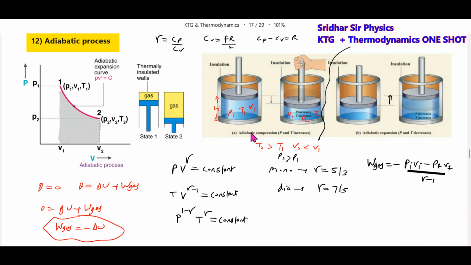In adiabatic compression, work done by the gas is negative, delta U positive. In adiabatic expansion, work done by gas is positive, delta U will be negative, or rather internal energy decreases. These are some ideas you have to remember for the adiabatic process.